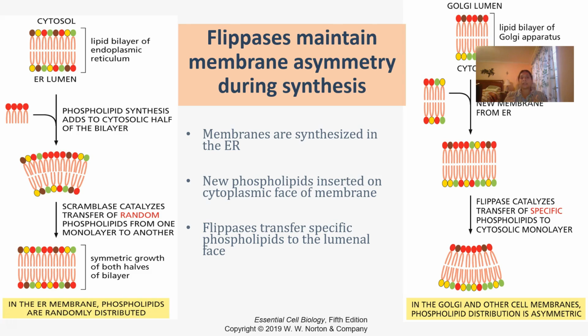So this process happens as the membranes are getting built, and then as they're getting moved from that ER space to the Golgi, they will already be in the correct orientation by that point, right?